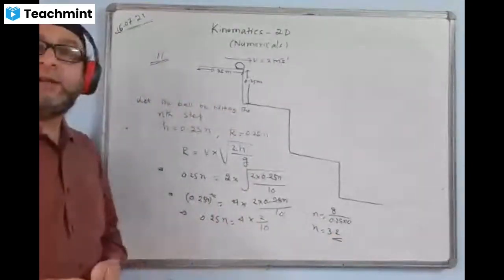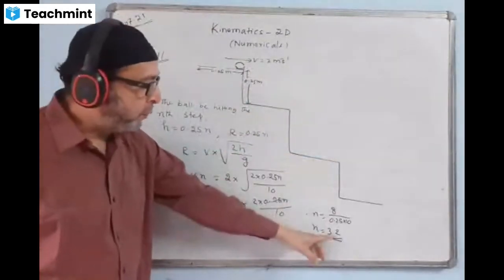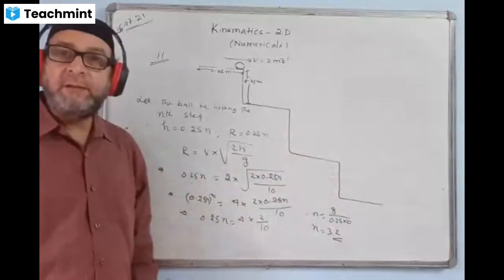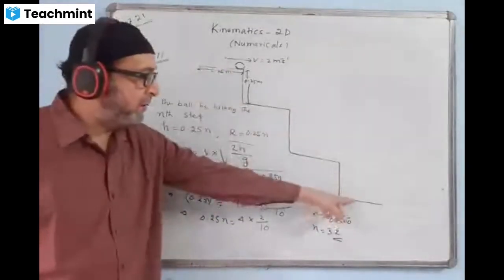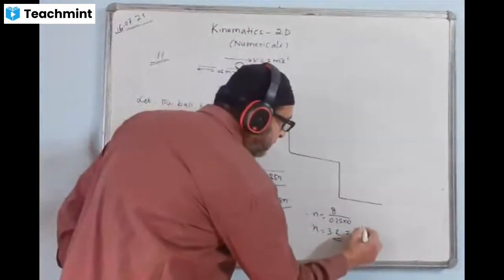That means it's going to cover 3.2 steps. Like this, three steps and 0.2, that is a fraction of the fourth step. Somewhere here, the 0.2th part of the fourth step. Ultimately, it's going to hit the fourth step here. Therefore we write fourth step.